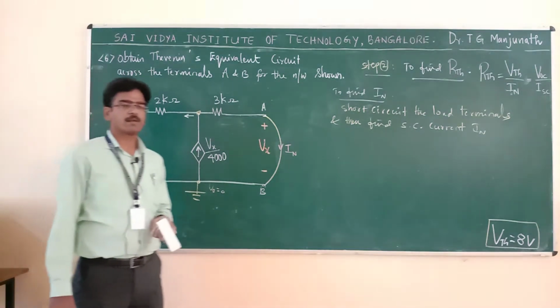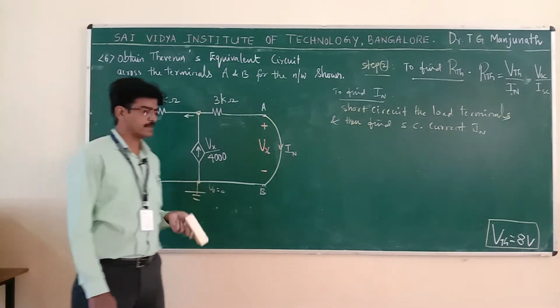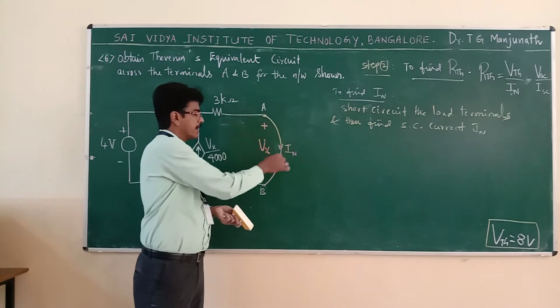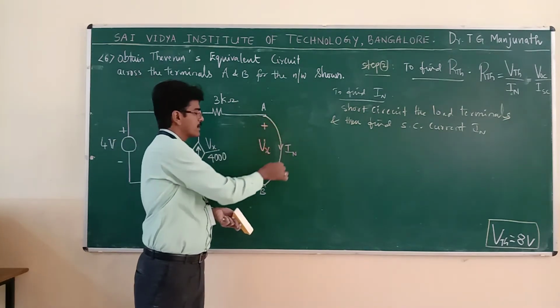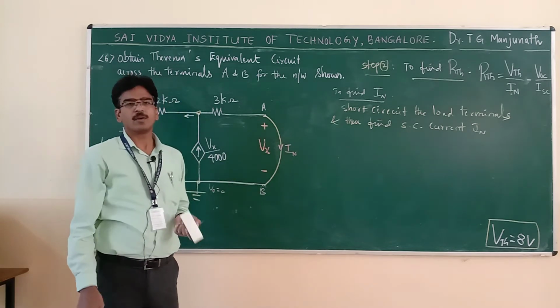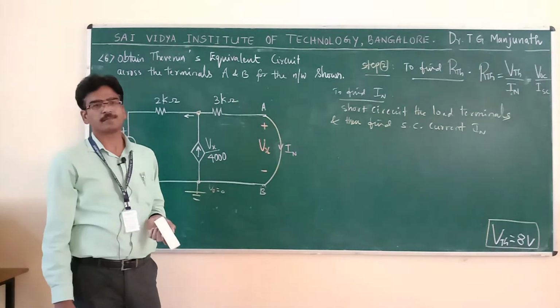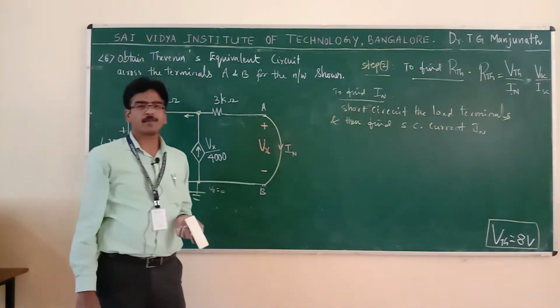The other way of solving this problem, directly looking at the network, is this. All of you observe carefully, I have created the short circuit. Then what is the voltage across the short circuit? Voltage across the short circuit is 0. Therefore, what is Vx here?